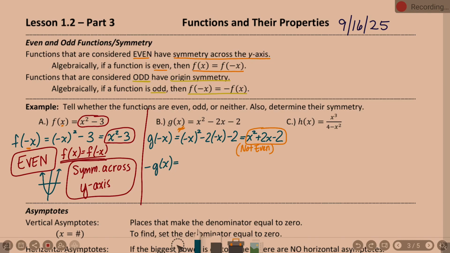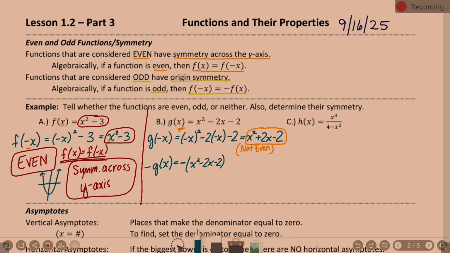What does putting a negative out front mean? We're going to take that whole g of x and multiply it by a negative. So here's how I'm going to show my step: I'm going to put a negative out front, and then in one set of parentheses I'm going to put x squared minus 2x minus 2.